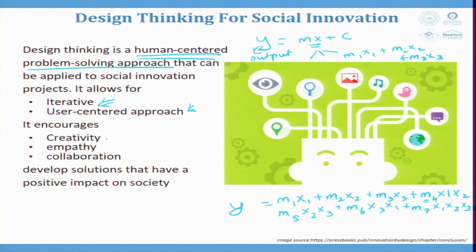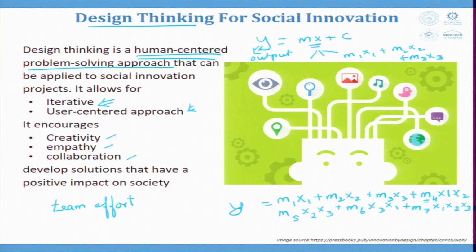It encourages creativity, empathy and collaboration. When we start using design thinking, when we say human centric, it always leads to a team effort. It is not an individual's effort. An individual can be a leader leading a group of people for knowledge dissemination.